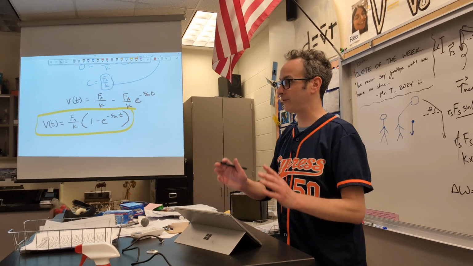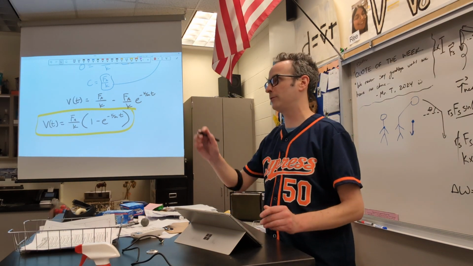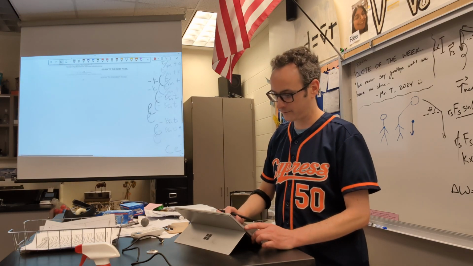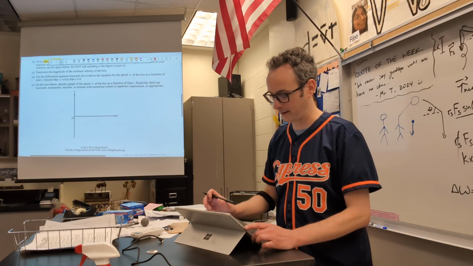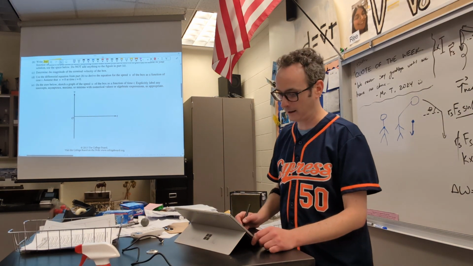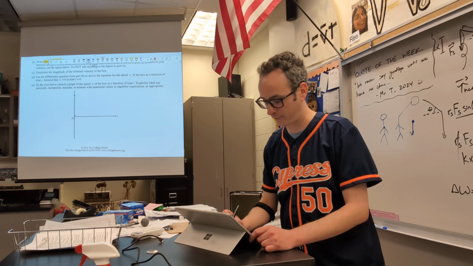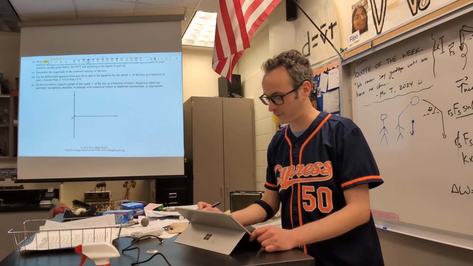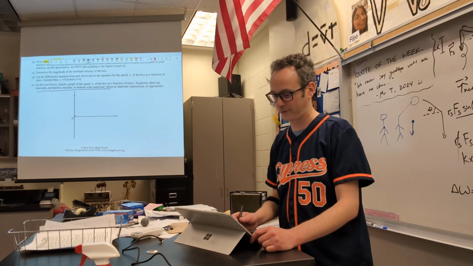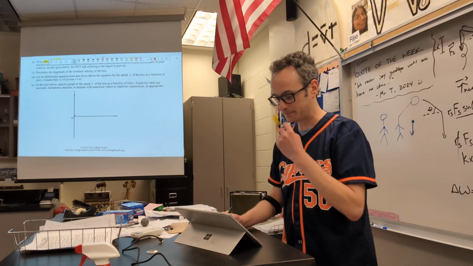So we know that the velocity starts at 0 and then is going to level out to some terminal velocity. With that understanding, we can do this last one, which is plot the velocity as a function of time, explicitly noting any intercepts, asymptotes, maximum, minimum numerical values.